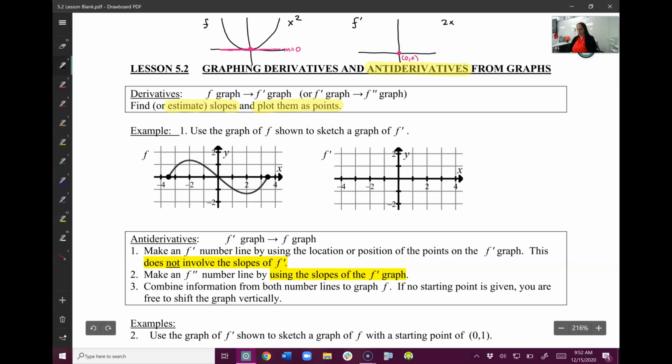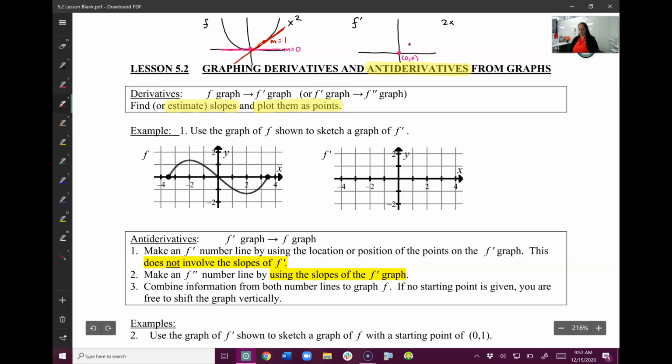Now if I try another one, let's try this right here. Right there, there's my tangent line. This is at 1. Well, that slope kind of looks like 1, up 1 over 1. So now I'd go over here to 1.